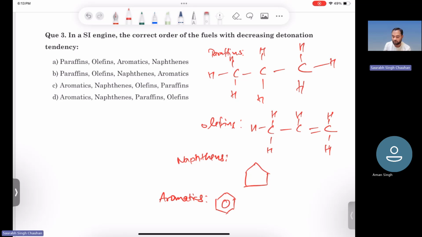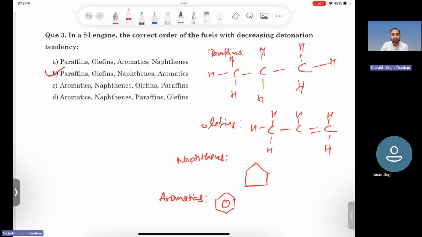So if you write the octane number, paraffins will have least octane number, then olefins, then naphthenes, and then aromatics will have highest. So option B should be the correct option.